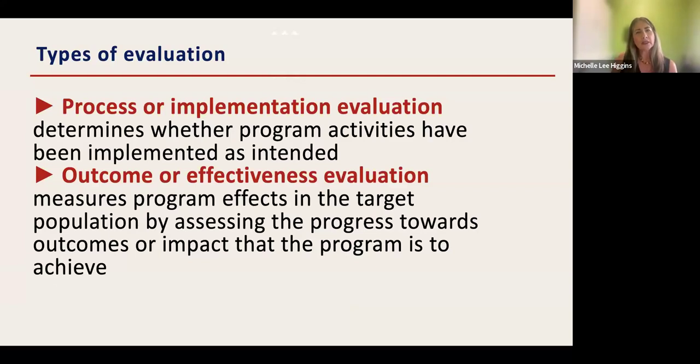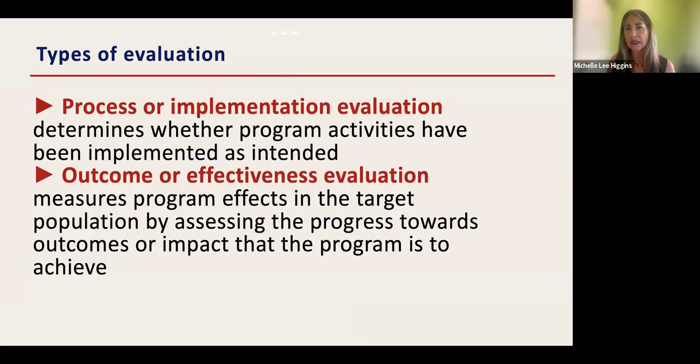So, as I've been mentioning, this sort of formalizes that there are two types of evaluations. One is a process or implementation evaluation. Did you do what you said you were going to do? Were the program activities implemented as you intended them to be implemented? And if not, was that documented?